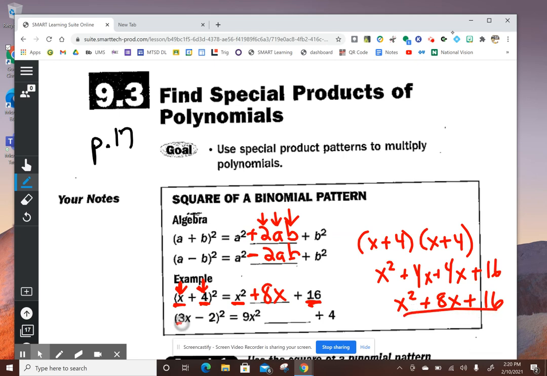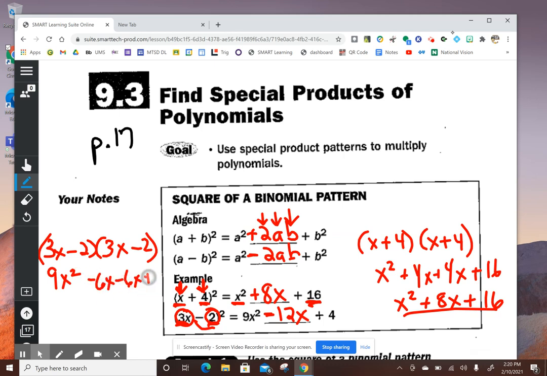Now for this one, you do the square of the first, 9x squared. The square of the last, 4. This is minus. This is going to be minus a times b. So that's 6x times 2 is minus 12x. So let's FOIL it and see if I'm right. 3x minus 2 times 3x minus 2 is 9x squared minus 6x minus 6x plus 4.